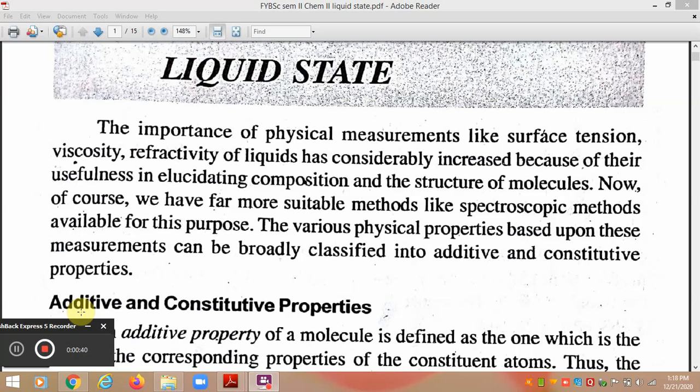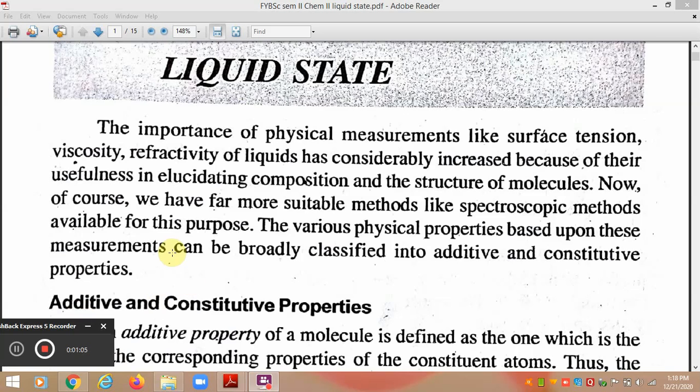Dear friends, in the 11th and 12th, you might have studied the different states of matter like the solid state and gaseous state. In this part of the video, we are going to talk about another state of matter, the liquid state.